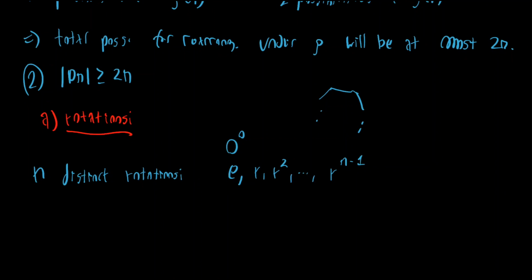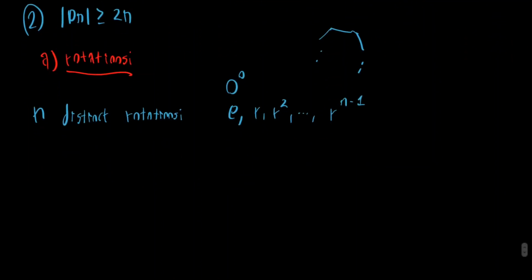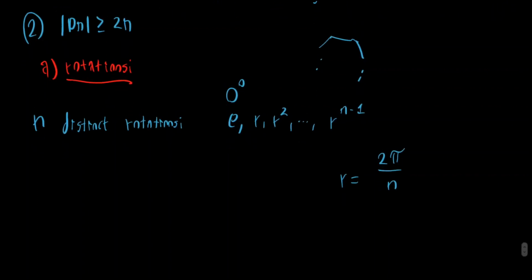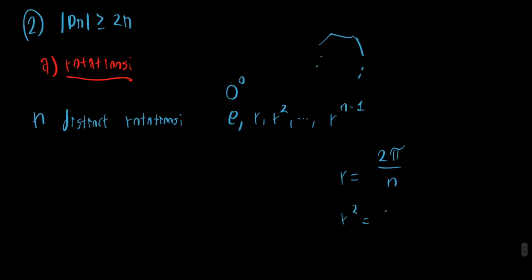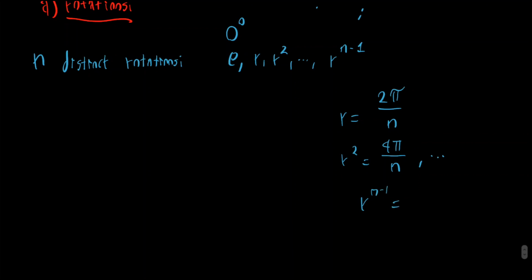By defining r, we will define all the other rotations. r is a rotation by 2 pi over n radians, where n is, of course, the number of vertices of our n-gon. And so what will r squared be? r squared will be 4 pi over n, and so on and so forth, up until r to the n minus 1, which will be a rotation by 2(n minus 1) pi over n. And each one of these is different. So we found n rotations.